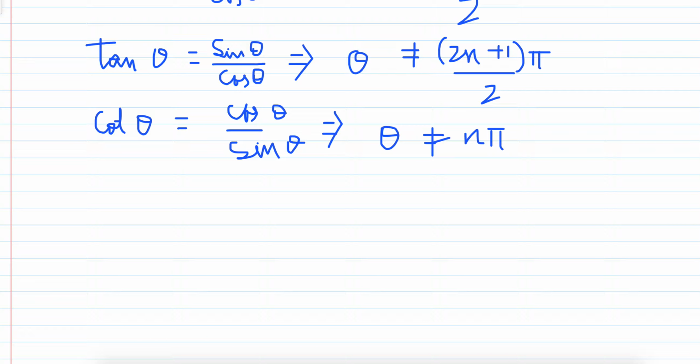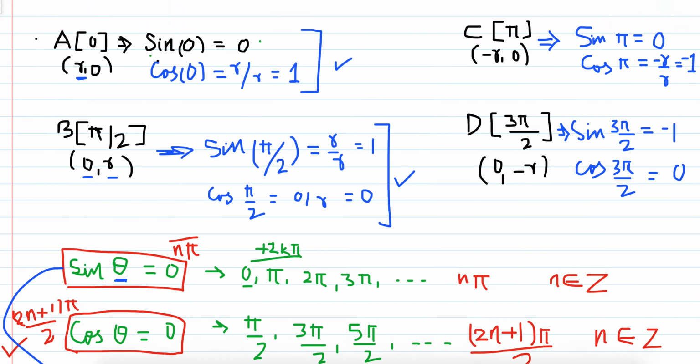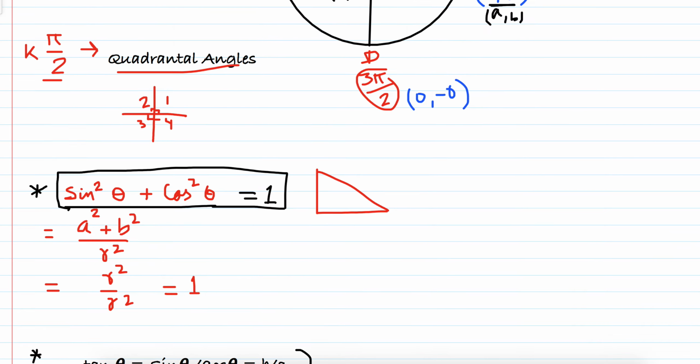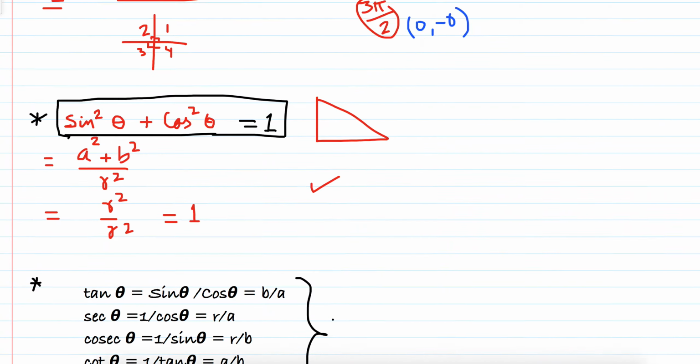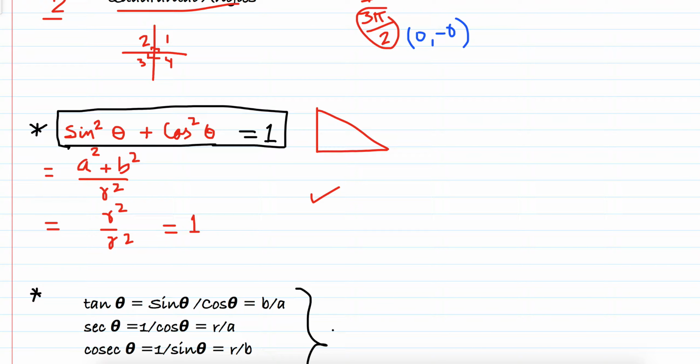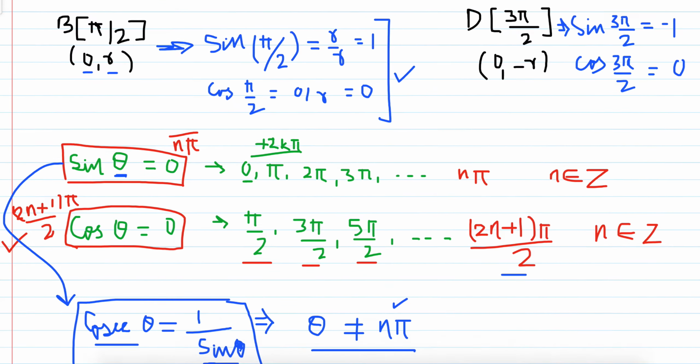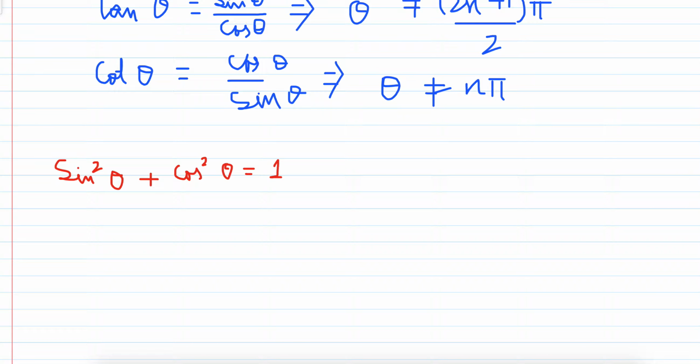So now we have seen that sine square theta plus cos square theta was equal to 1. We had derived it here. If we put a by r, b by r for sine and cos, we will get the result.